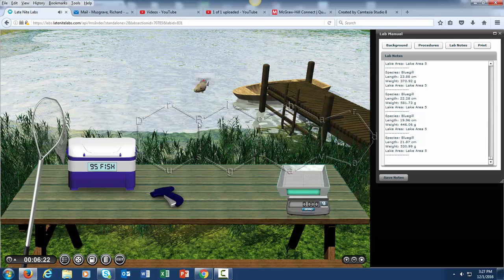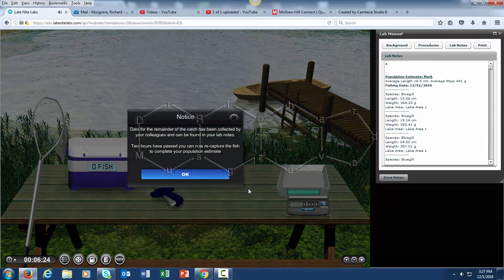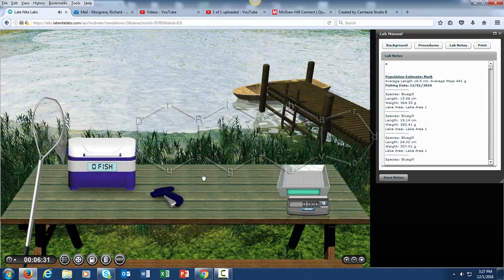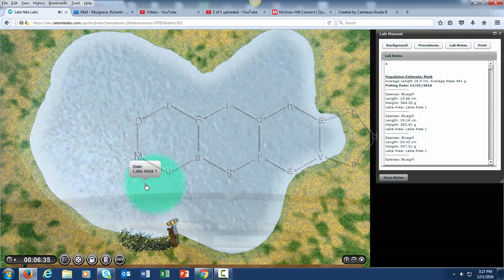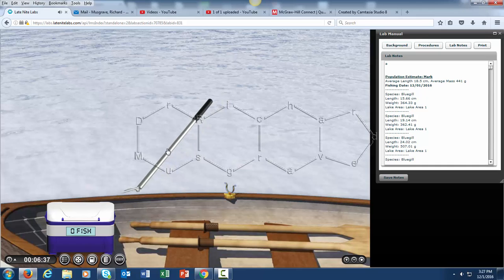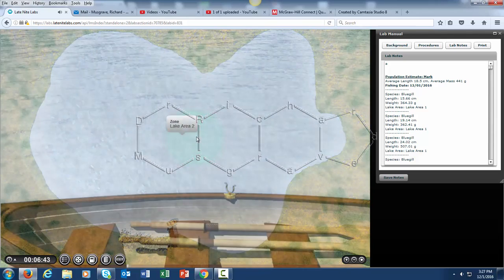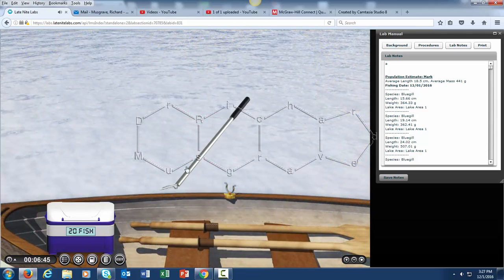Alright, so we've done that. Do that 5 times. And again, 2 hours have passed, you can now recapture the fish to complete your population estimate. So now I go back into the lake and I catch fish again. Yeah, try and do them in order.